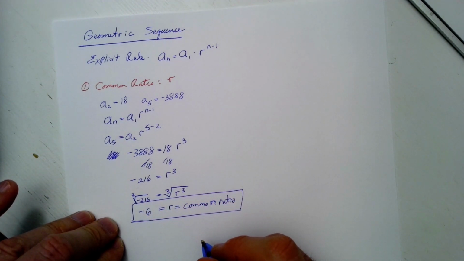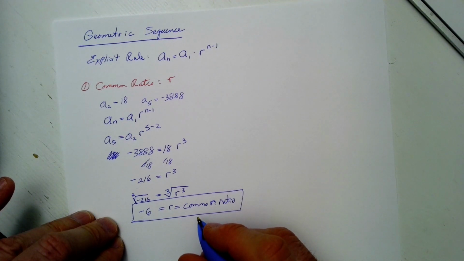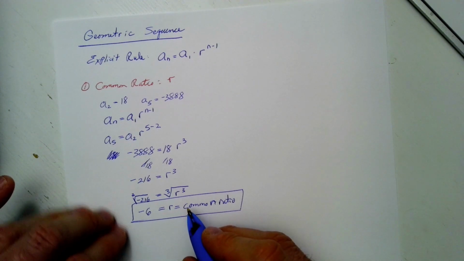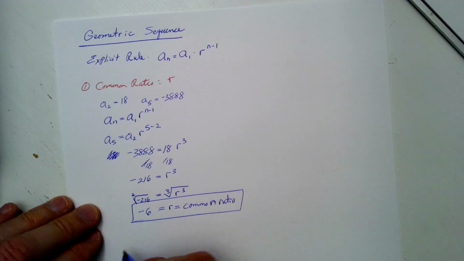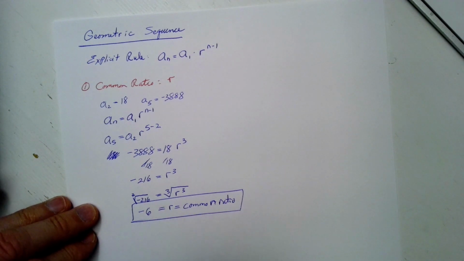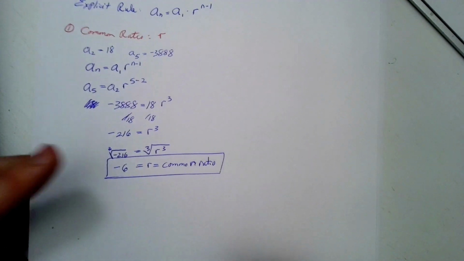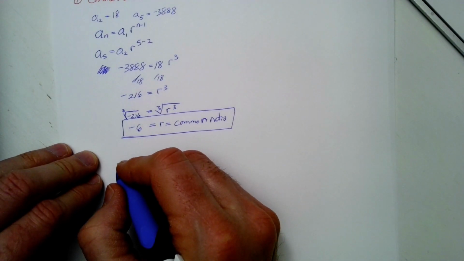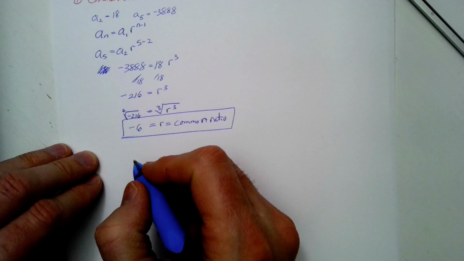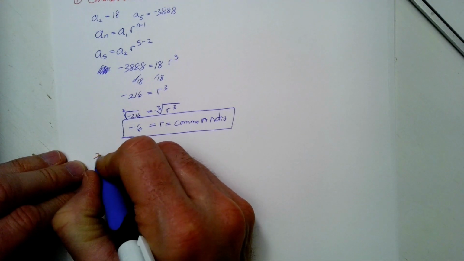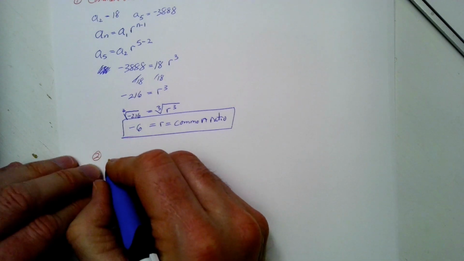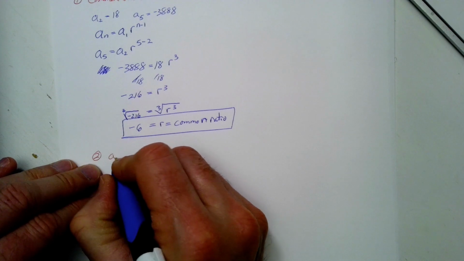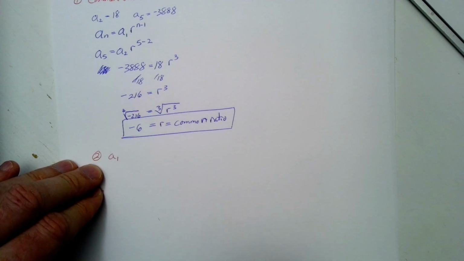Now that we've got our common ratio, let's go ahead and solve for a1. We need a1 to make our explicit formula. I'm not going to go straight to the explicit formula; we're going to solve for a1 here.